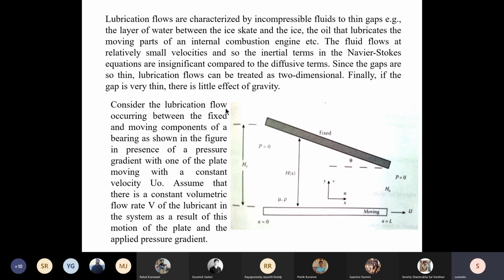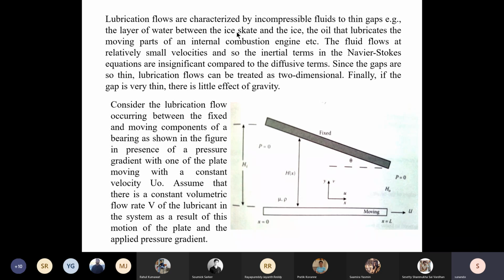We would like to find out what is going to be the flow rate, etc., for such a situation. So let's read the problem, and I will try to explain any other terms that appear over here. Lubrication flows are characterized by incompressible fluids, and there are some applications, some examples which were provided.